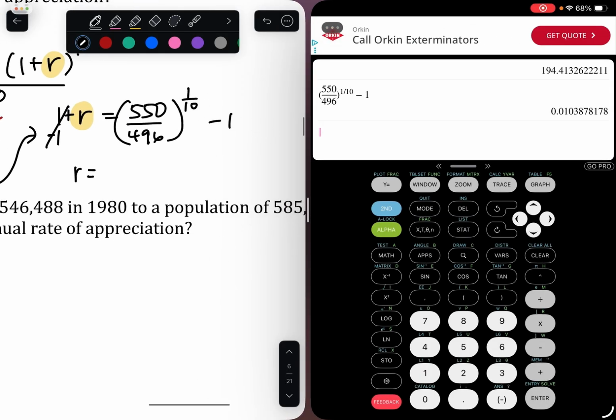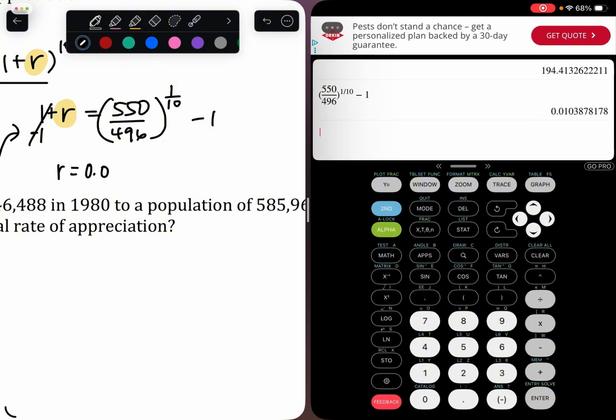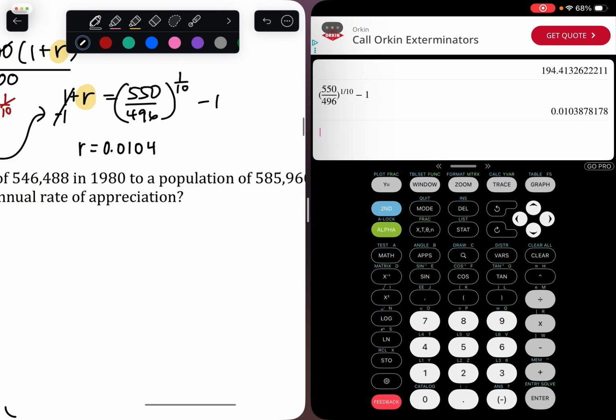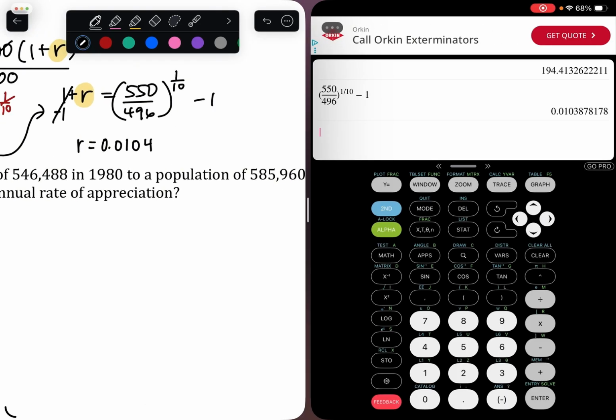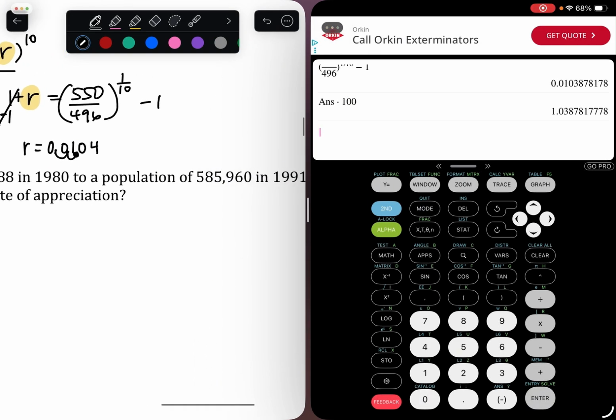Okay, and so that says 0.010, and then 38 would round to 4. We want the percent form. Remember, R is always given in decimal form, so to get the percent, we move the decimal 2 places to the right. If you want, you could even type times 100, just to see what that decimal would look like.